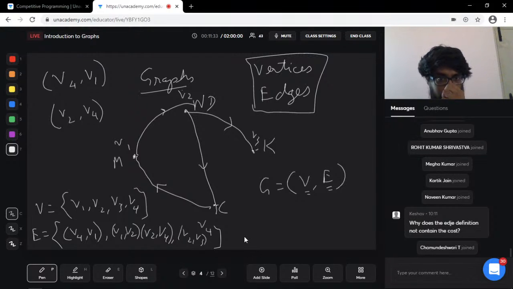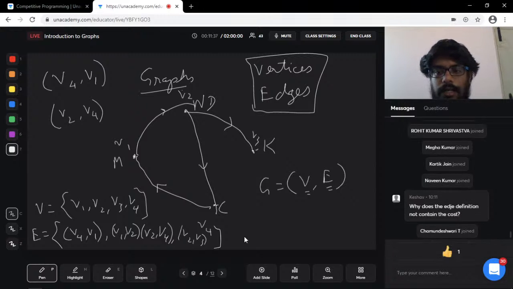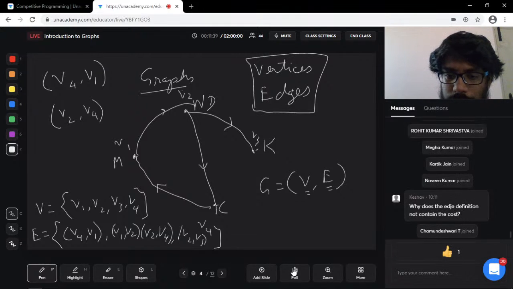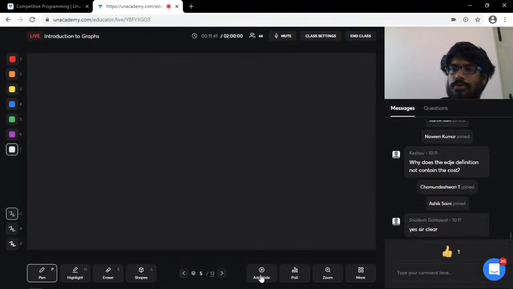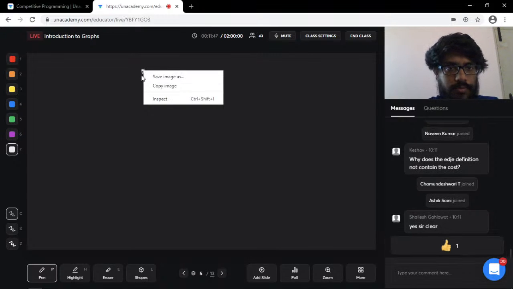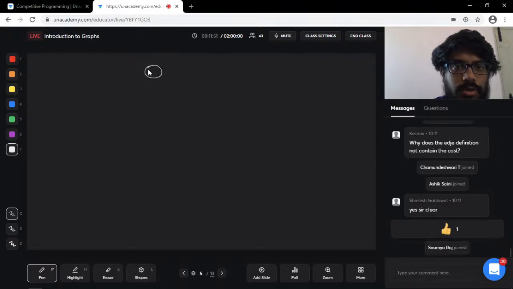So I hope at least the concept of a vertex and an edge are clear so far. Let's just draw the same thing again.